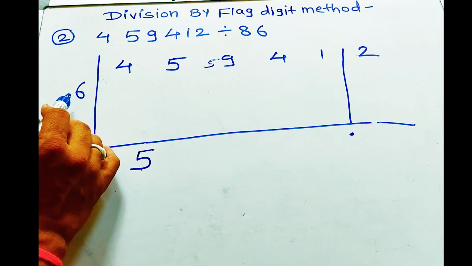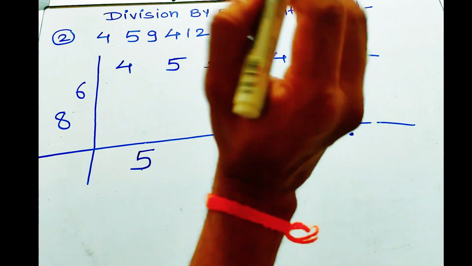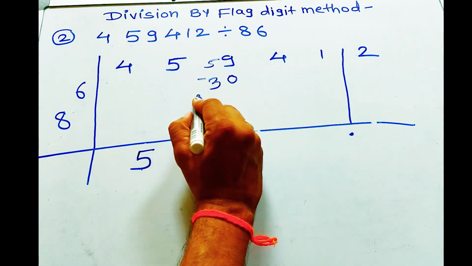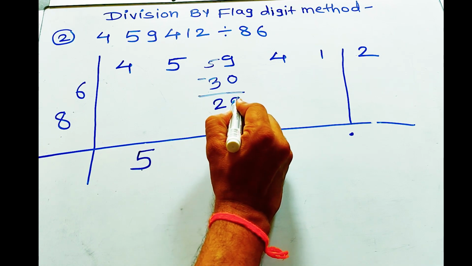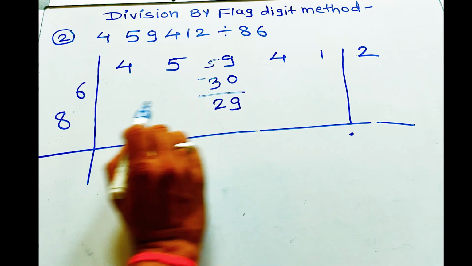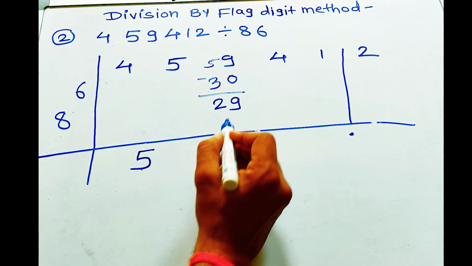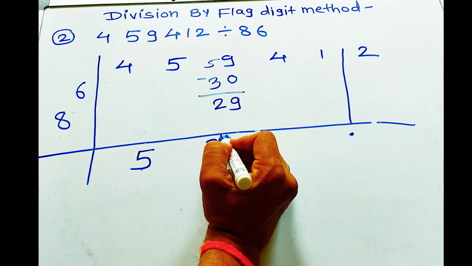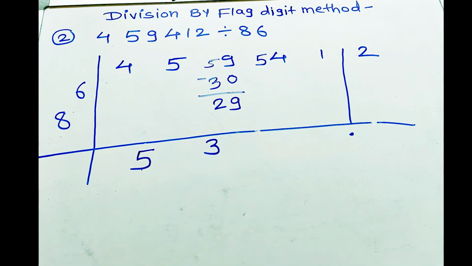Then 5 multiplied with 6, 5 6s are 30. So 59 minus 30 equals 29. This 29 divided by 8, 8 3s are 24. 29 minus 24 is 5, we write 5 here.